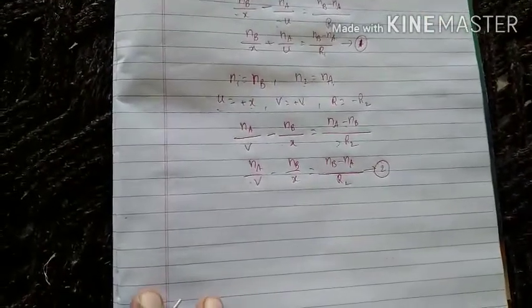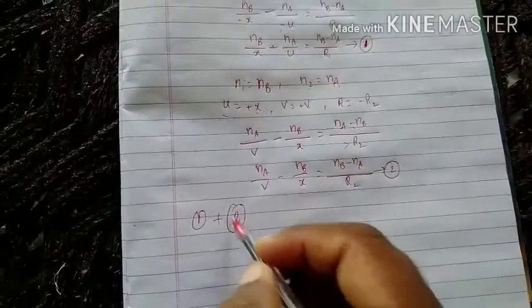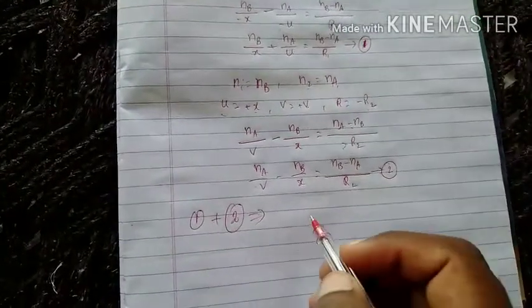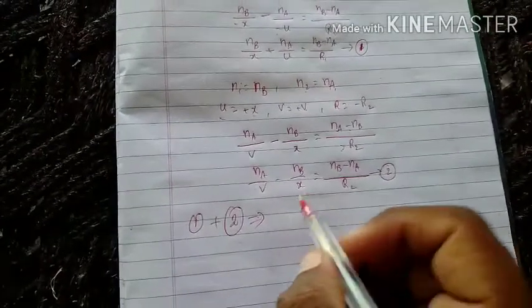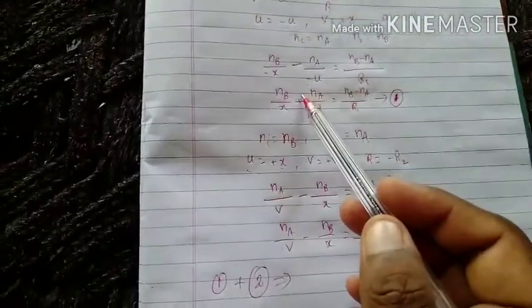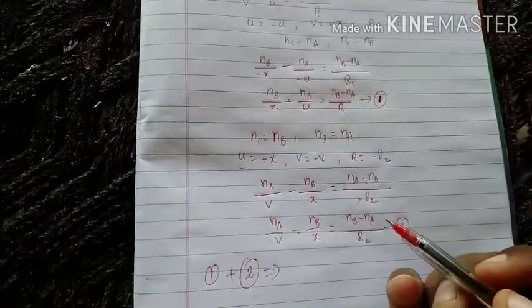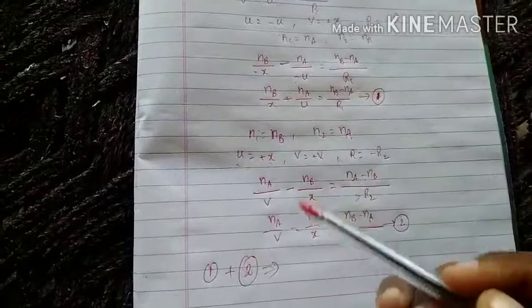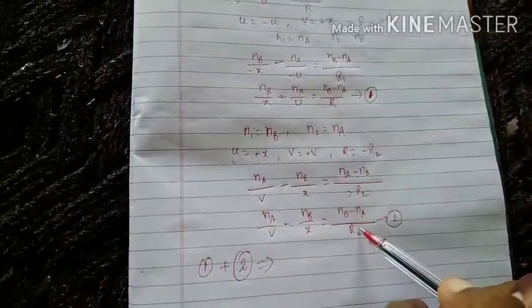How are we going to resolve this? Make equation 1 plus equation 2. Equation 1 is this, and this is equation 2. How will the equations addition be? LHS plus LHS is equal to RHS plus RHS.